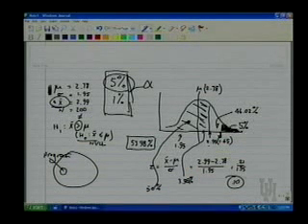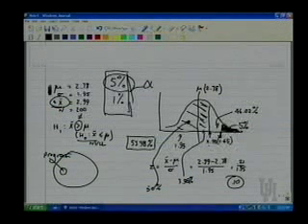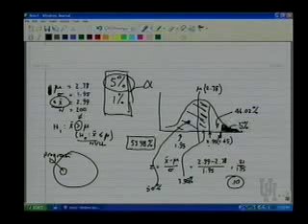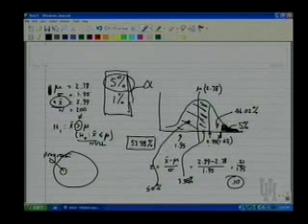Would you A, fail to reject the null hypothesis and conclude that your program produced no statistically significant effect? Or would you B, reject the null hypothesis and conclude that your program produced a significant improvement in scores?